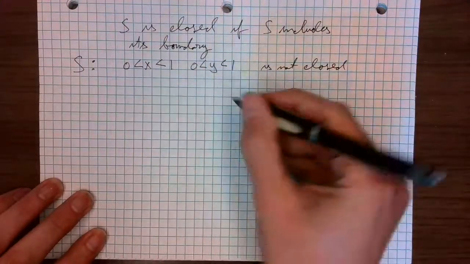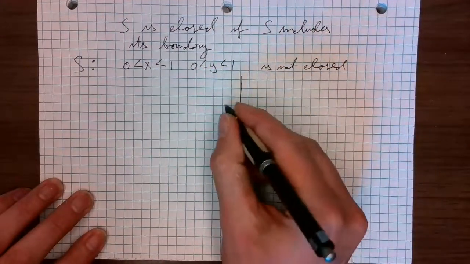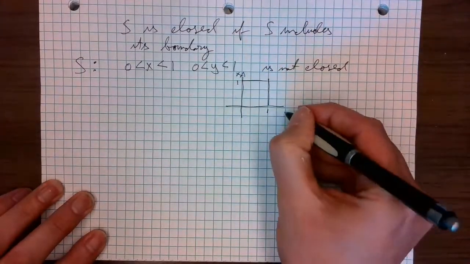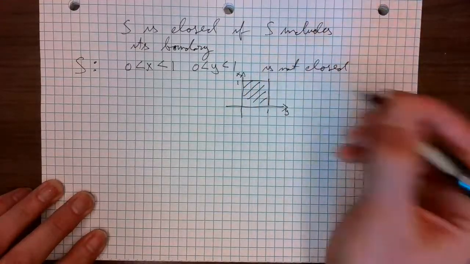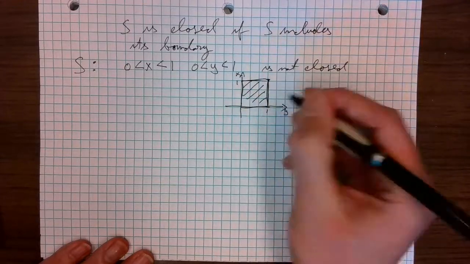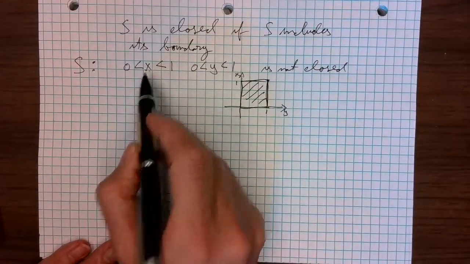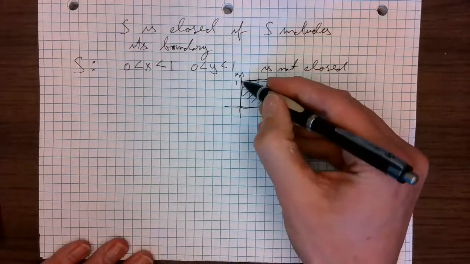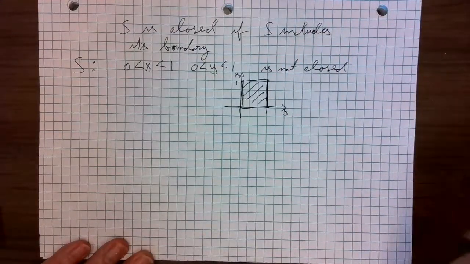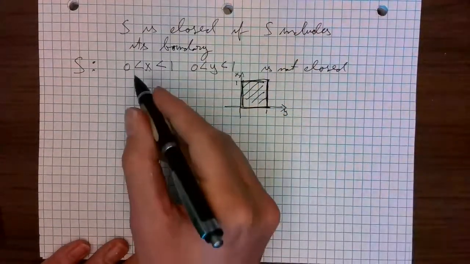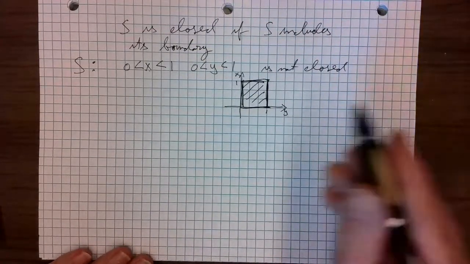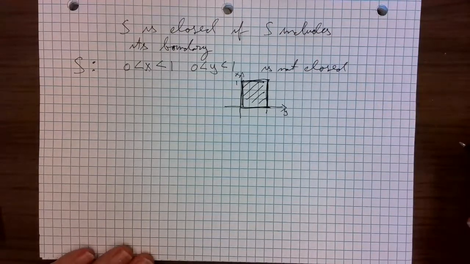Well, this is the region, but it does not include these lines, right? Because it does not include the points where x is 0, or the points where x is 1, and same for y. You really have to make all of these less than or equal to make it a closed region.